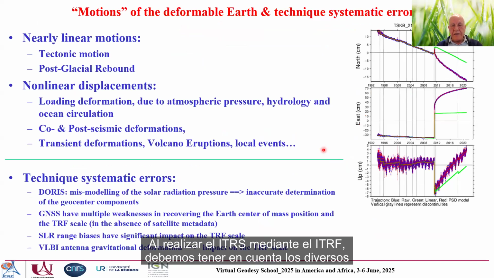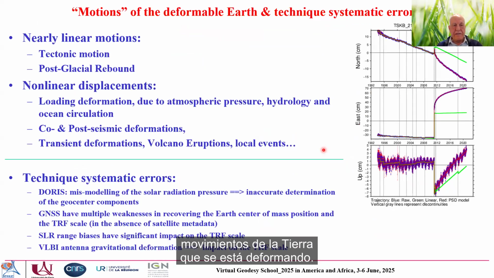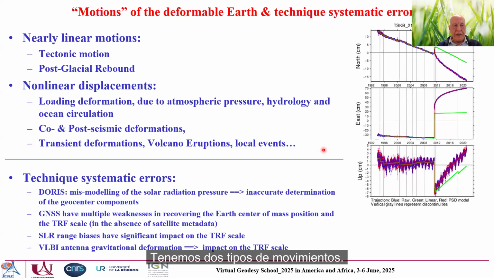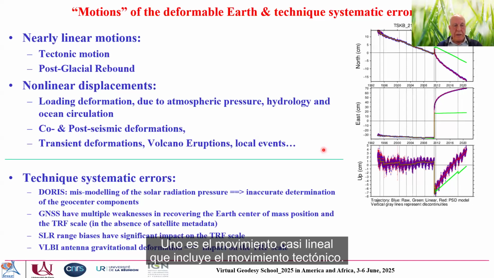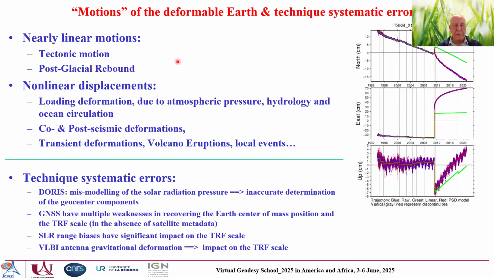When realizing the ITRS by the ITRF, we need to take into account the various motions of the Earth that is deforming. We have 2 kinds of motions. One is the nearly linear motion that includes tectonic motion and post-glacial rebound.